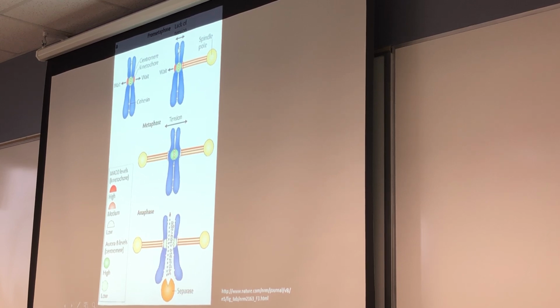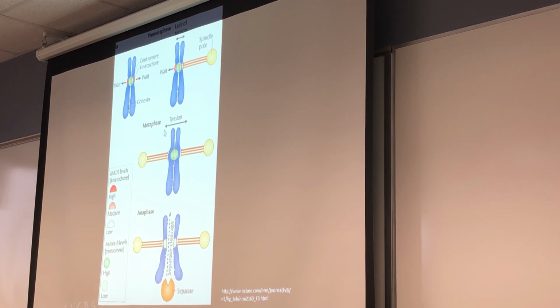You can see they're bound on this side, but not on this side. So there is a lack of tension, since it's only bound to one side. Once it is bound to both sides, there is equal push, equal tension. So now they are placed in the metaphase.